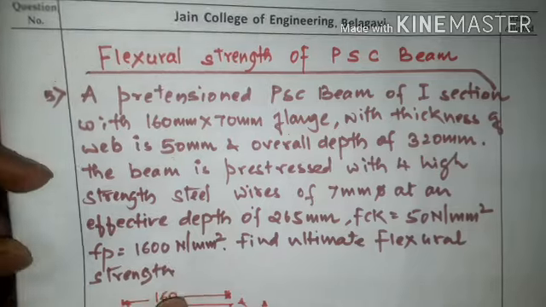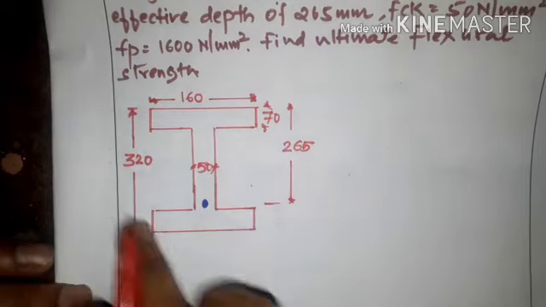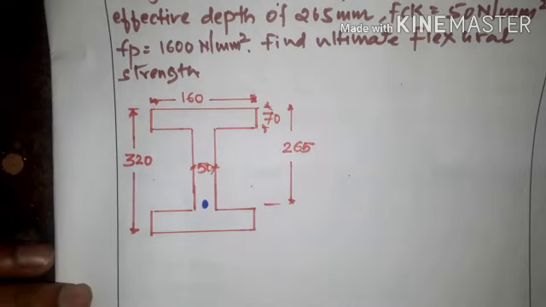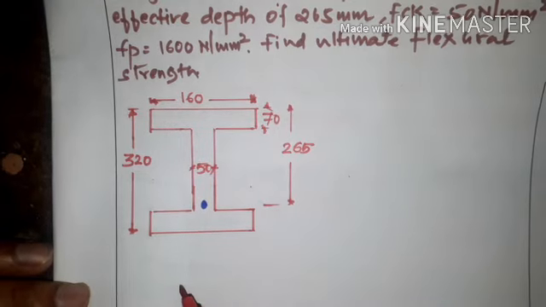So according to the given statement of the problem, we have the sketch of I section. The flange dimension is 160 mm by 70 mm and the web thickness is 50 mm, and the total depth of the section is 320 mm.